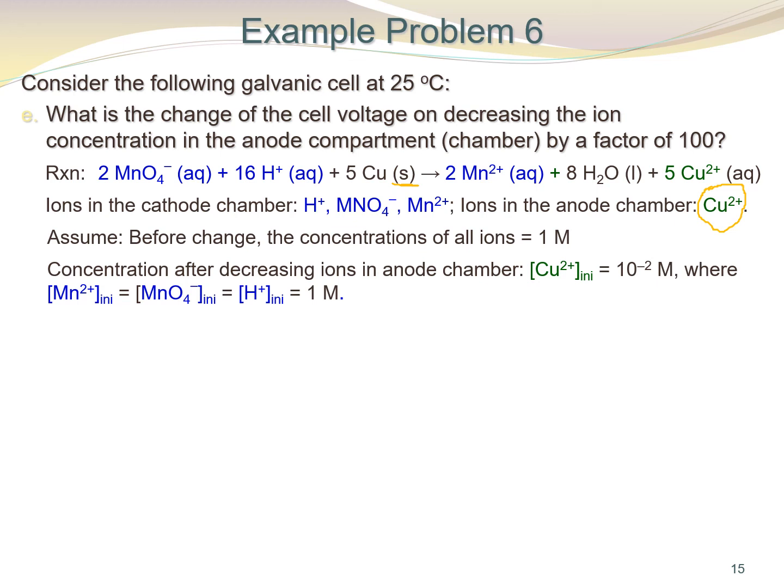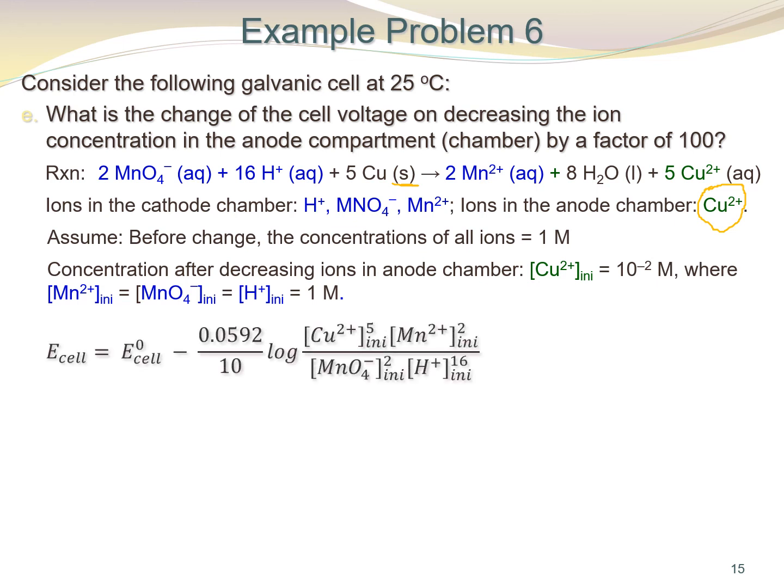All right, so with those initial concentrations all figured out, let's plug them into the Nernst equation. We know what the E0 cell is, and this is the mathematical expression of Q. Remember, that's the square of the initial concentration of manganese times the concentration of copper raised to the power of 5, divided by so on and so forth, because these are the other two.